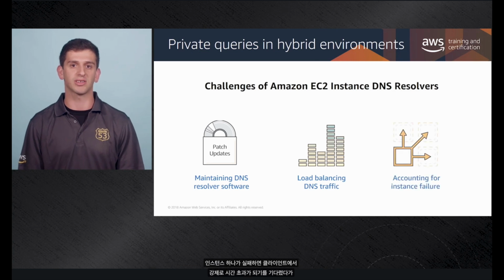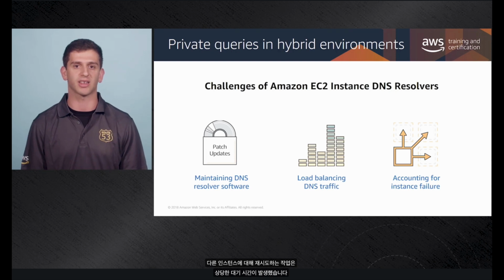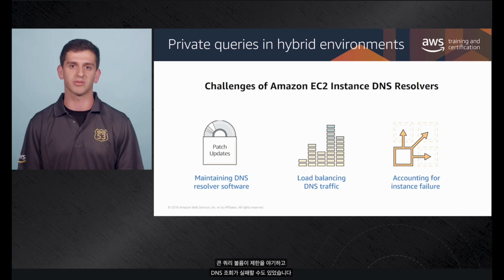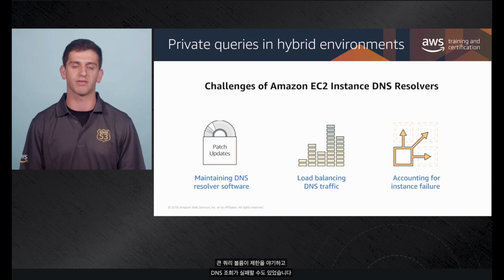Failure of a single instance would cause significant latency, as clients would be forced to wait for timeouts and retry against other instances. With all DNS traffic funneled through a small number of EC2 instances, large query volumes could cause throttling and result in failed DNS lookups.